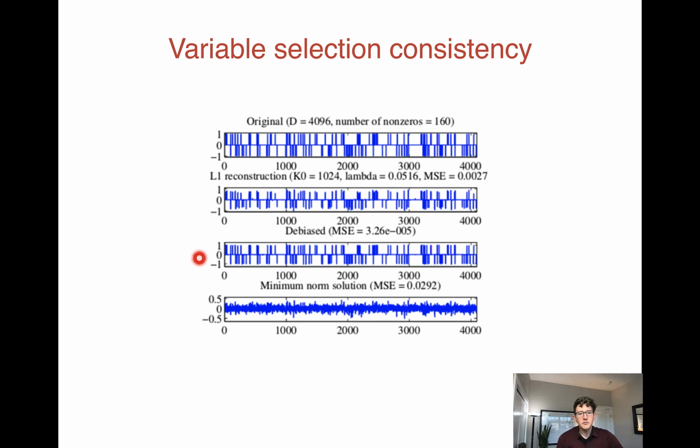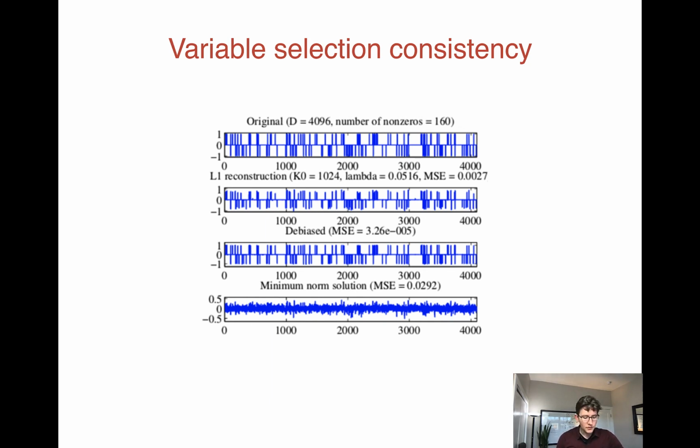So this plot number 3 is something that's commonly done. It's a way to try to get the best of both worlds. We know that we can't optimize the L0 norm because it's not convex. We can't do it computationally efficiently. But we can kind of get close to it.